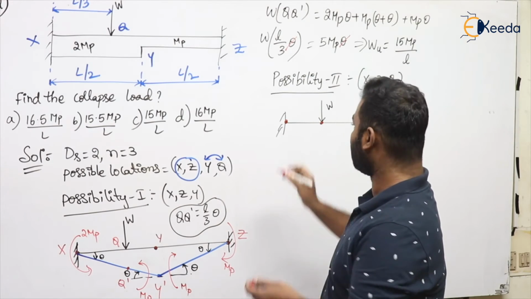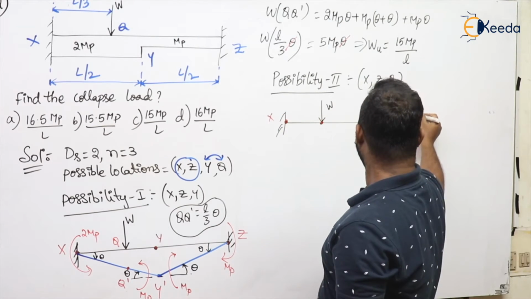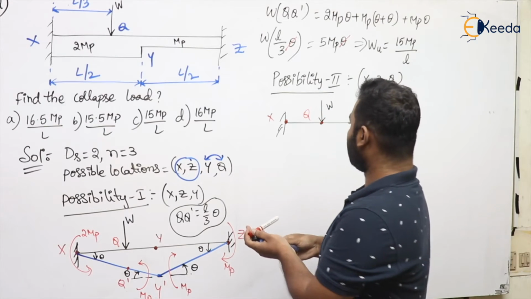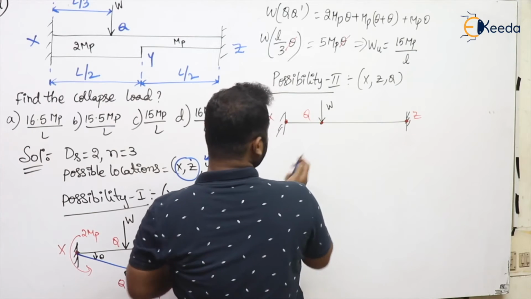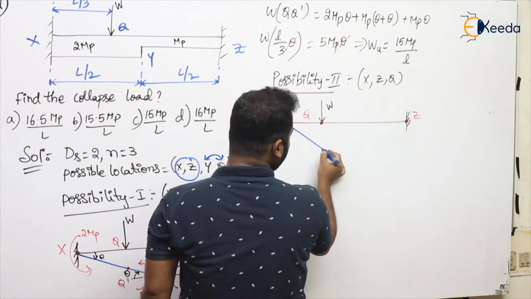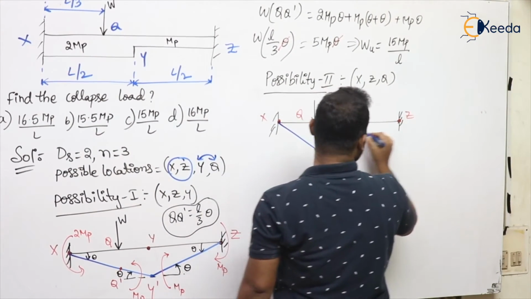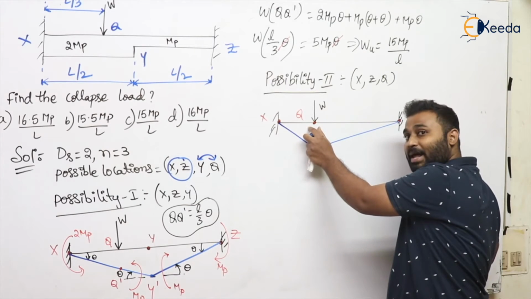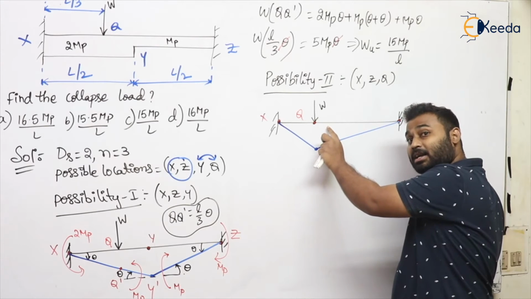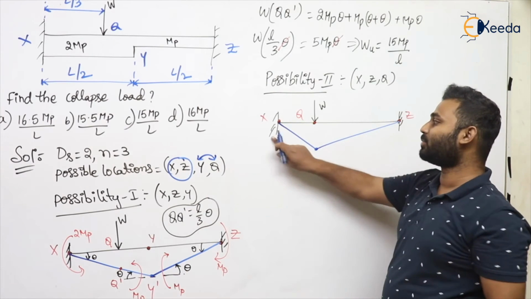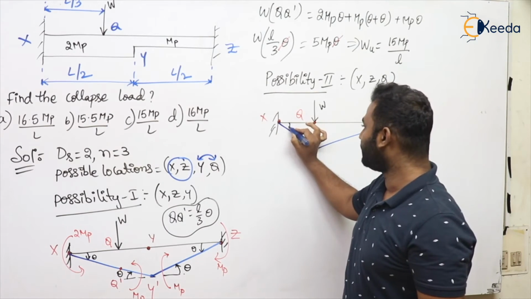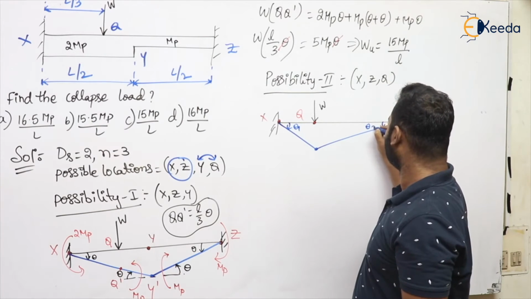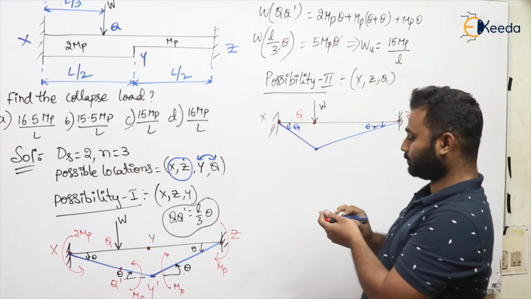Now the collapse diagram will be somewhat like this. As the plastic hinge in the span is not at the center, the angles at both ends are different. If this is theta 1, then this should be theta 2.